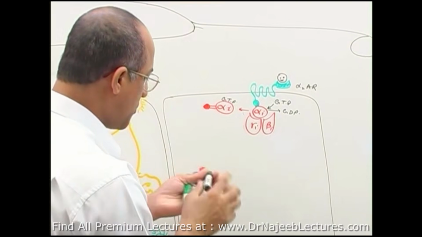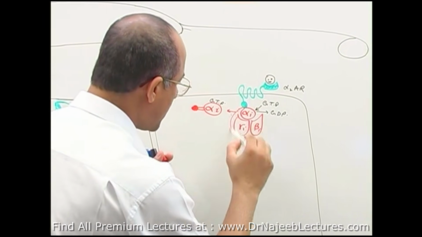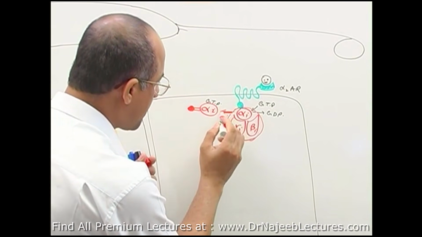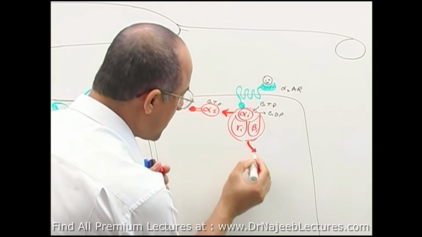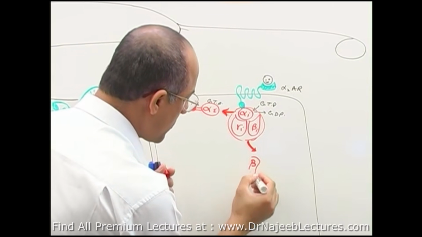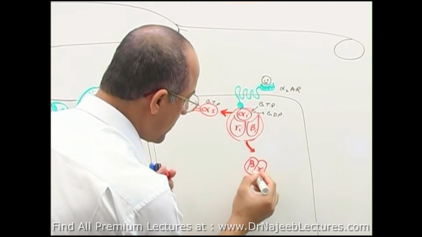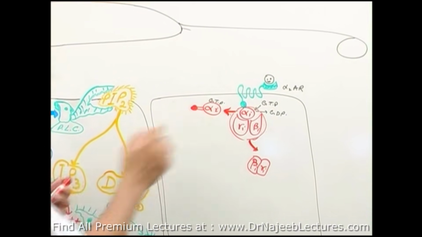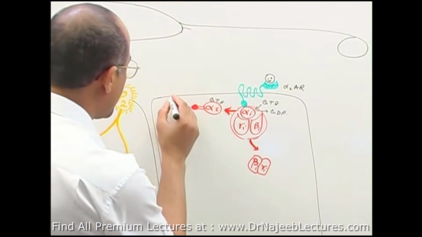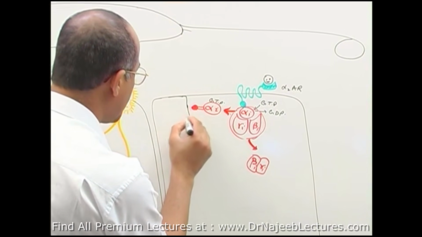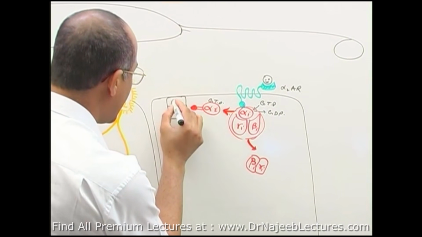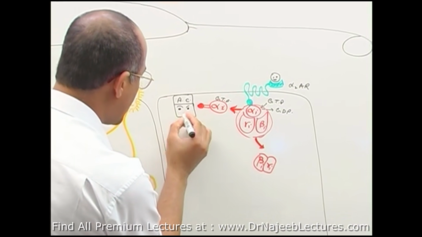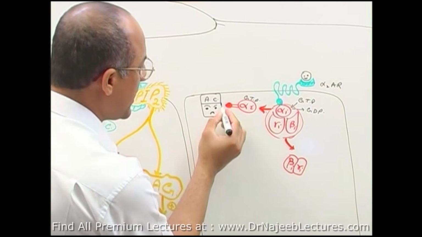GTP. And of course, when alpha inhibitory dissociates from beta and gamma, in the same way beta gamma units will also be separated, beta gamma inhibitory units. Then what will happen is that alpha inhibitory will interact with your friend, you remember now, adenylyl cyclase.